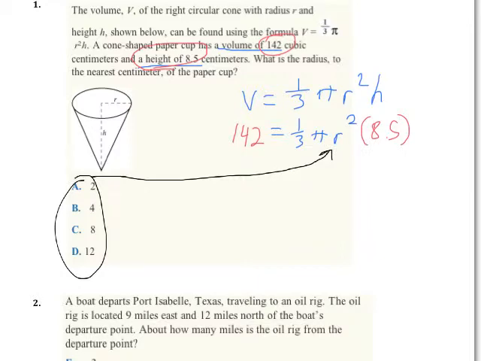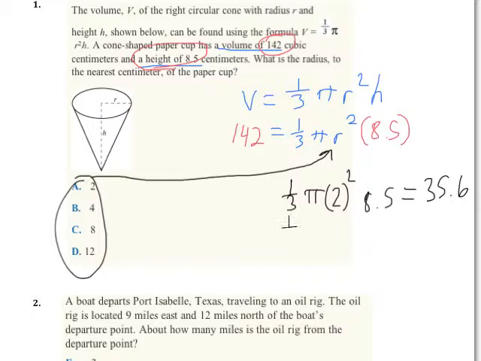So basically, I would check: 1/3 times pi times the number 2 squared times 8.5, and you would just grab a calculator and do that. Calculator tells me that comes out to be about 35.6, which is clearly not the answer. Remember, we're looking to get 142. So I'll go check another one.